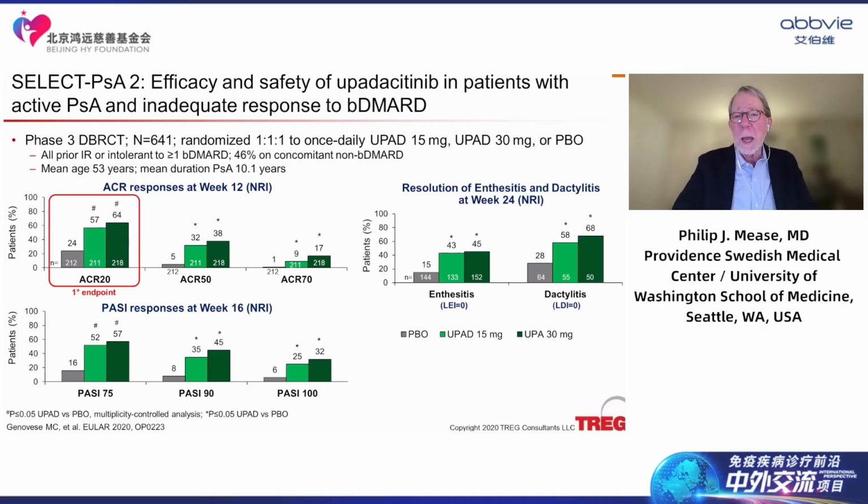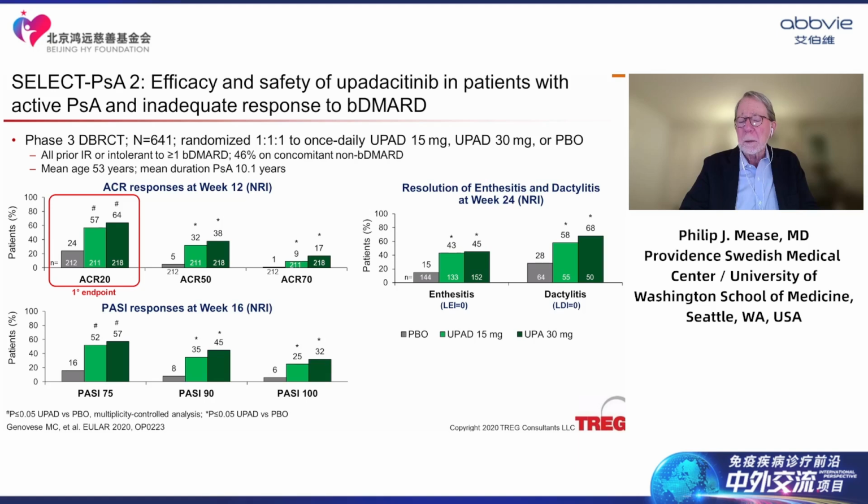There was not an adalimumab reference arm here, so there's no burgundy colored bar. And then you also see the skin responses, which were very good, PASI 75, 90, and 100, and then resolution of enthesitis and dactylitis. So we can expect a full repertoire of improvement.